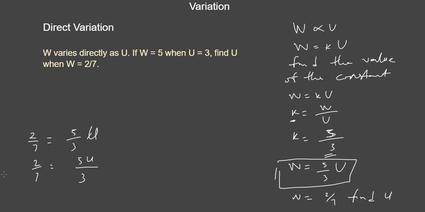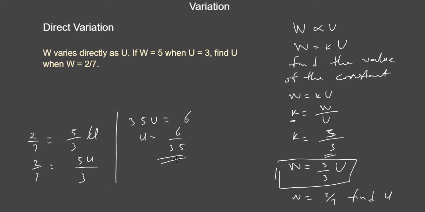So you can cross multiply, and that will give you 7 times 5U, that will give you 35U. Then 2 times 3, that will give you 6. So U is equal to 6/35. So this is the value of U when W is 2/7.